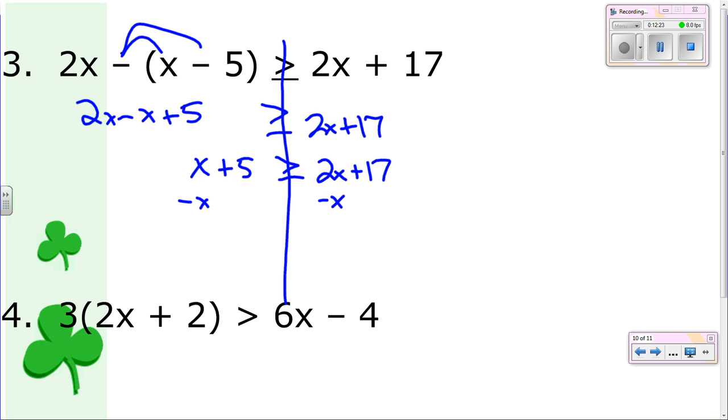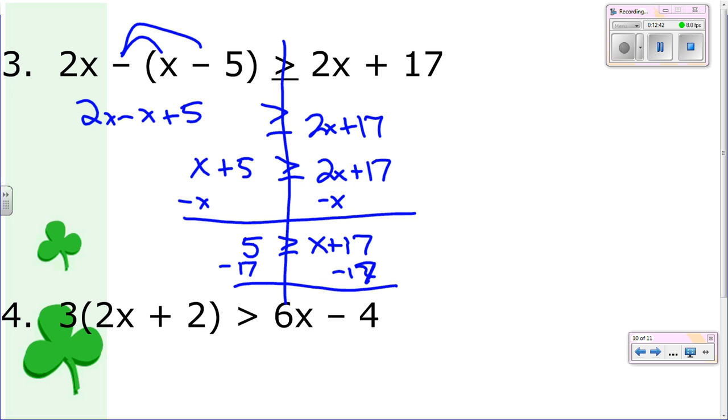Subtract the x over. Gives me 5 is greater than or equal to x plus 17. And subtract the 17 over. You get negative 12 is greater than or equal to x.